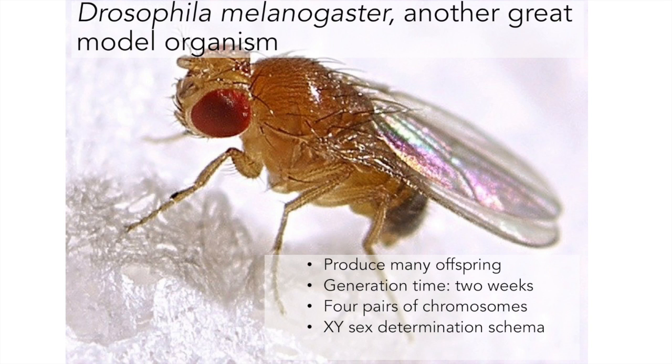That was really the most important thing from Thomas Hunt Morgan's early work, showing that genes were physically located on chromosomes. Because we knew that the arrangement of chromosomes, those X and Y chromosomes, determined whether a fly was going to be male or female.